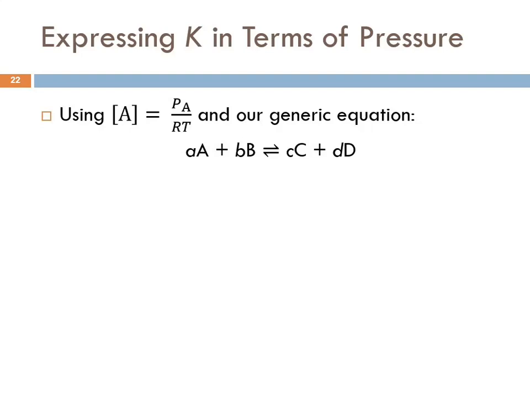Now what we're going to do is use that relationship we just figured out, where the molarity of A is equal to the partial pressure of A divided by RT, and we're going to look at our generic equation and try to find the relationship between Kp and Kc. So the equilibrium constant in terms of concentration is equal to what?